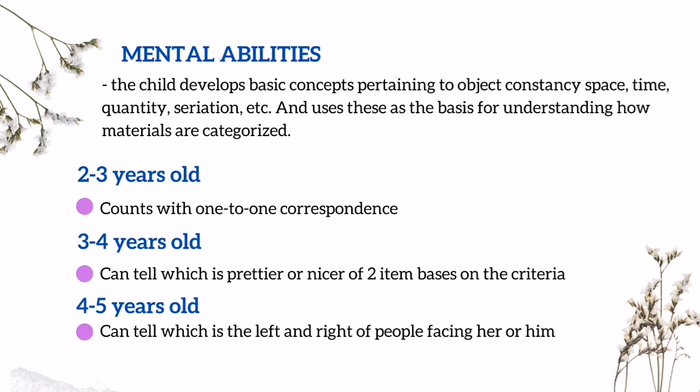From 2 to 3 years old, counts with one-to-one correspondence. 3 to 4 years old can tell which is prettier or nicer from two items based on the criteria. 4 to 5 years old can tell which is the left and right of people facing her or him.